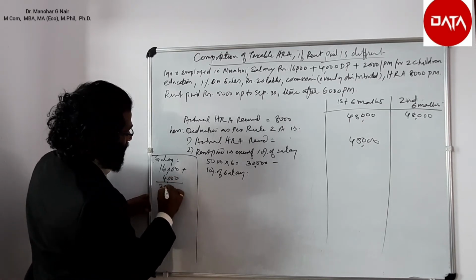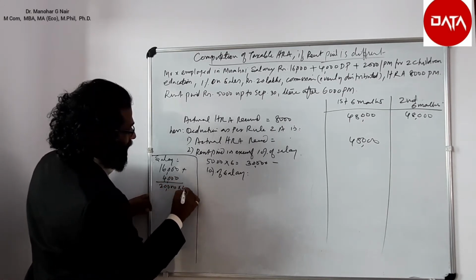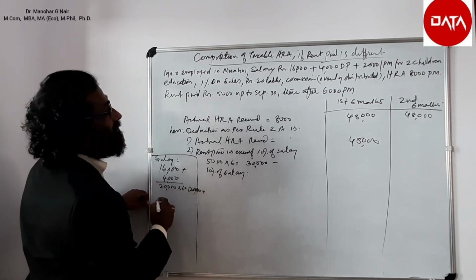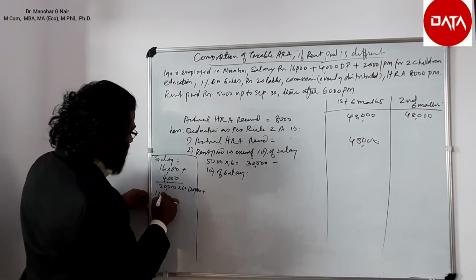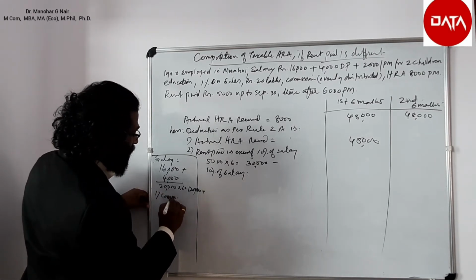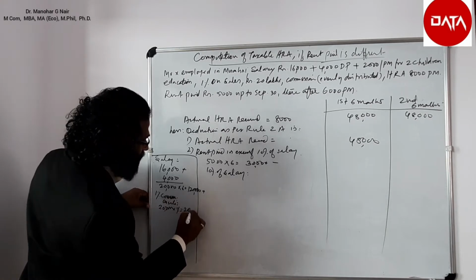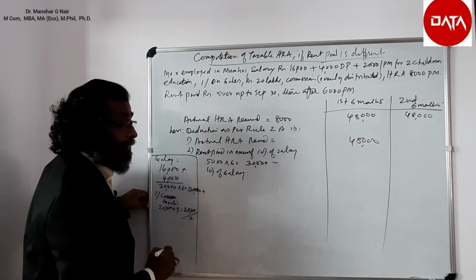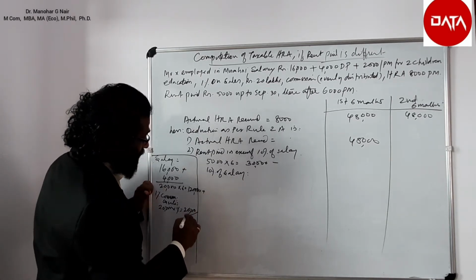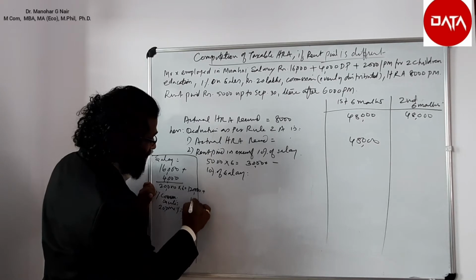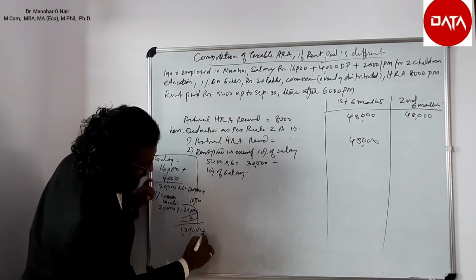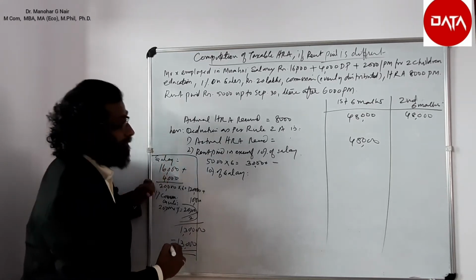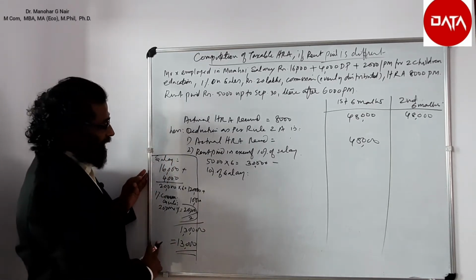So it is 20,000 multiplied by 6, which is equal to 1,20,000, plus 1% commission on sales equals 20,000 for the full year. Therefore, for 6 months it is half, that is 10,000. So 1,30,000. 10% of that value is equal to 13,000. So this is the computation of meaning of salary.